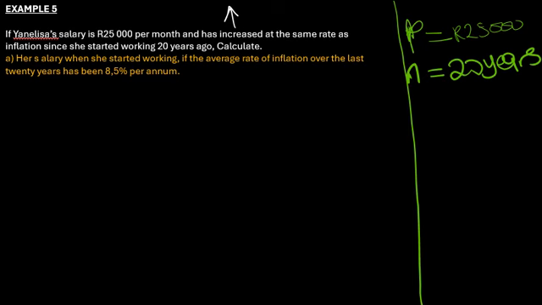Oh, I made a mistake on my data now. Let's come back. Calculate her salary when she started working, if the average rate of inflation over the last 20 years has been 8%.